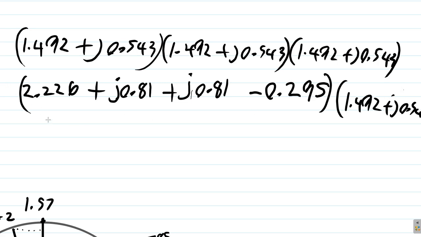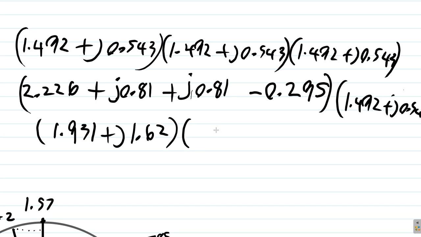Putting this together, it's 2.226 minus 0.295, so you get 1.931 plus j, 0.81 plus 0.81 gives us 1.62, and that multiplies 1.492 plus j 0.543, right?